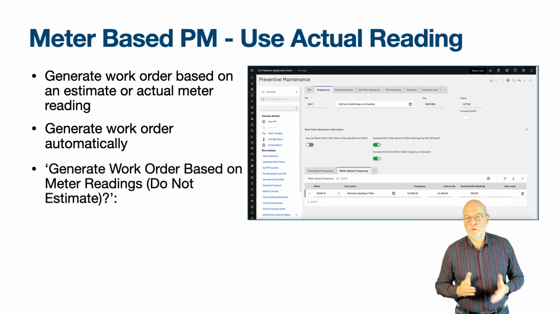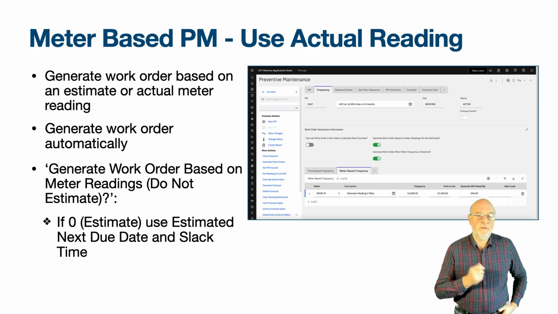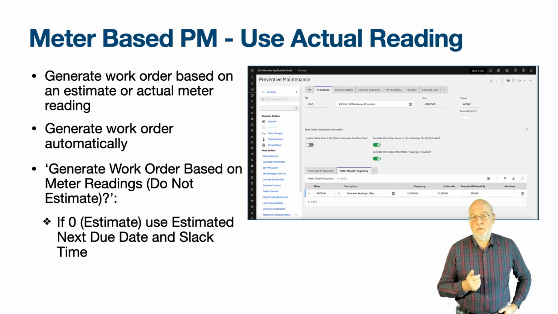When generate work order based on meter readings do not estimate is not set, Maximo uses the estimated next due date field to determine whether a work order can be generated. If this is in the future, then the slack time is added to today's date, and if it is greater than the estimated next due date, then a work order will be generated.